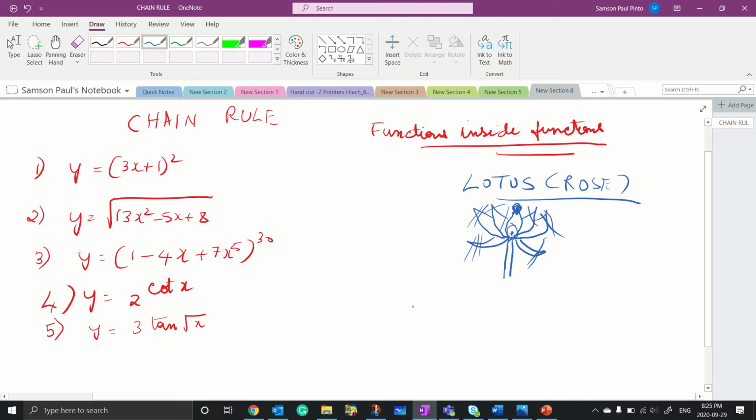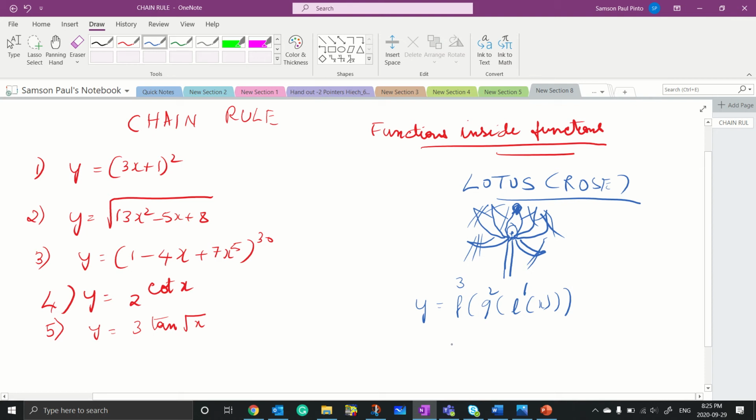Imagine you have a big function of y, let us say f of g of l of x. So a function is actually hidden in another function. l is the most inside function, g is the next outside function, and f is the outermost function.